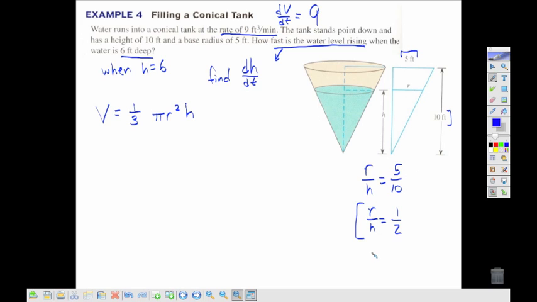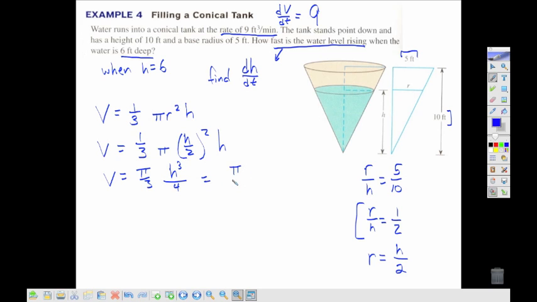In these cone problems, since we have the similar triangles, I can actually write r in terms of h. I know that r is equal to h over 2. I want to keep the h because that's what we're going to solve this for. So I'm going to substitute this in before I continue. This is going to give me pi over 3 times h over 2 squared times h, and that would simplify to pi over 3 h cubed over 4, and that would actually be pi over 12 h cubed.